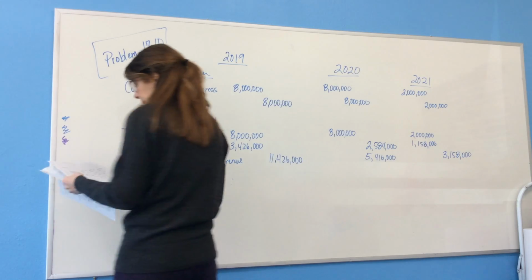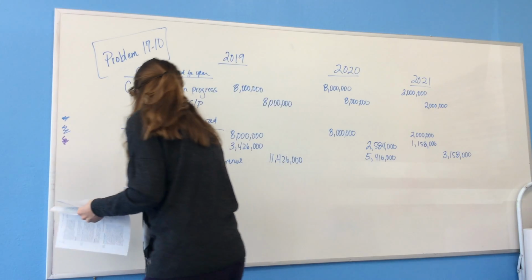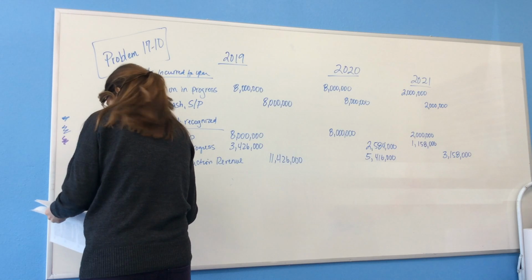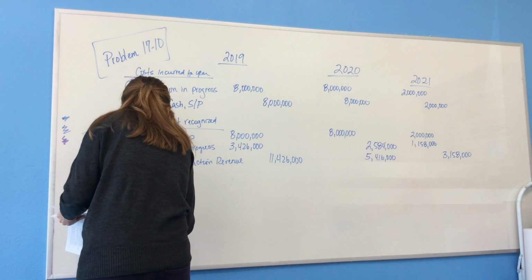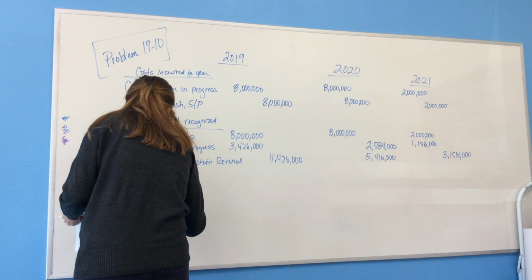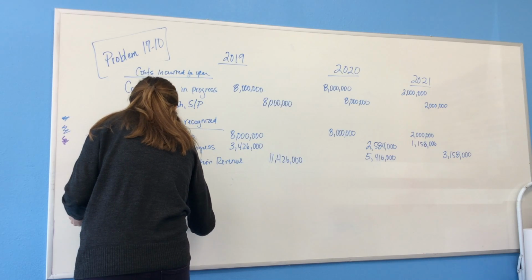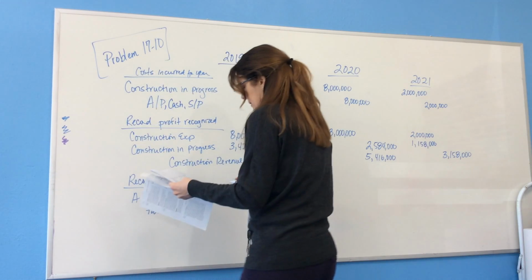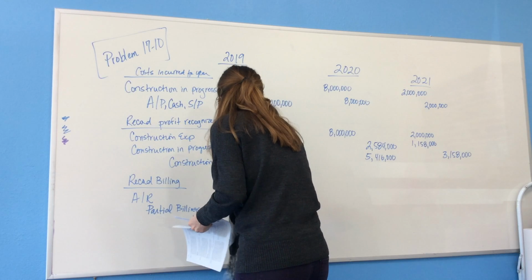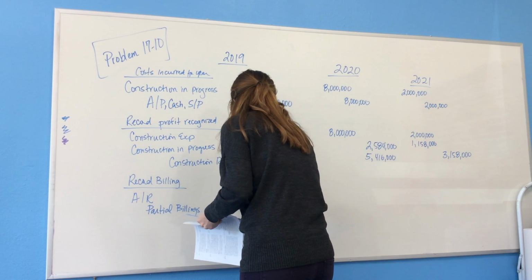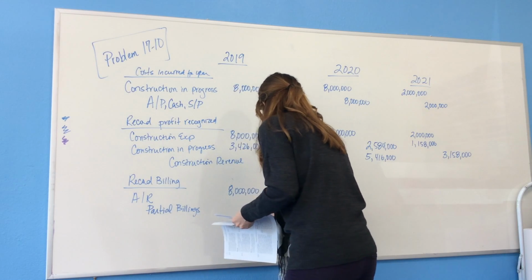So for my billing, I'm going to debit my accounts receivable, of course, and credit an account called partial billings. Okay, and this is just going to be $8 million here, also in 2020.